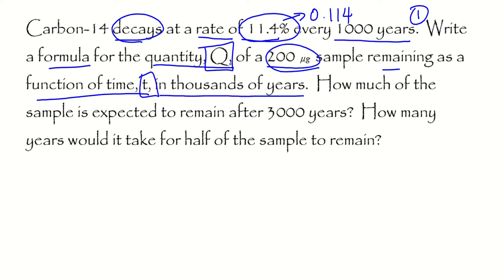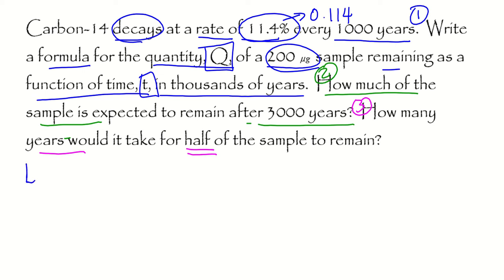The second thing I'm needing to do is to find out how much of the sample is expected to remain after 3,000 years. And then my third thing is to find how many years it would take for half of the sample to remain. So let's start by defining our variables here.